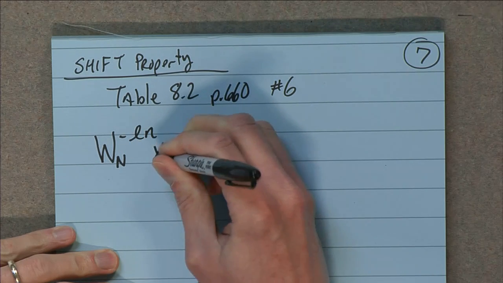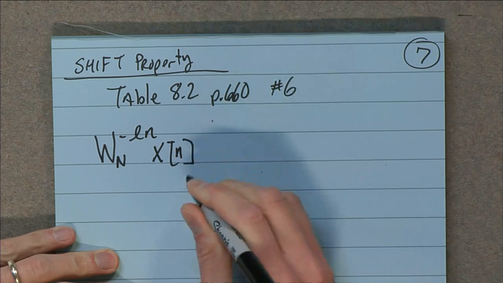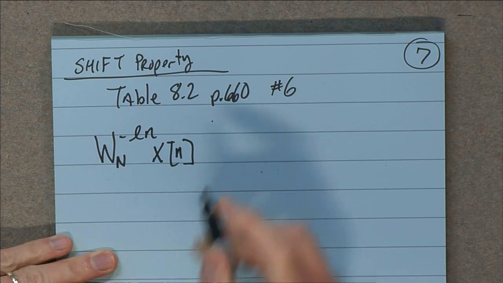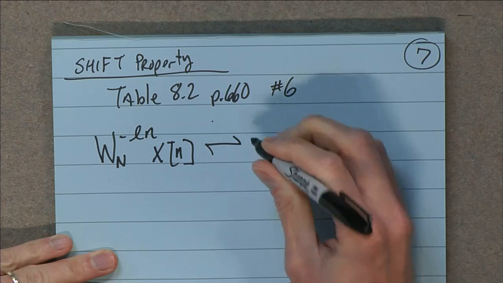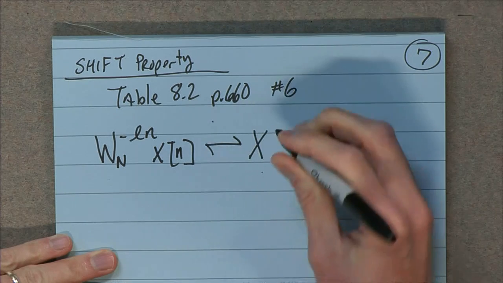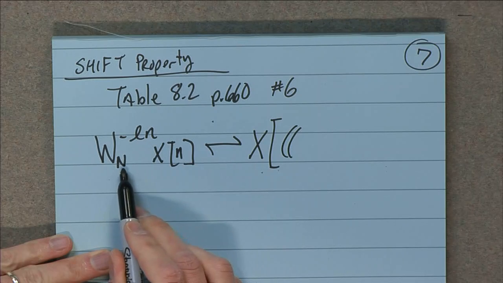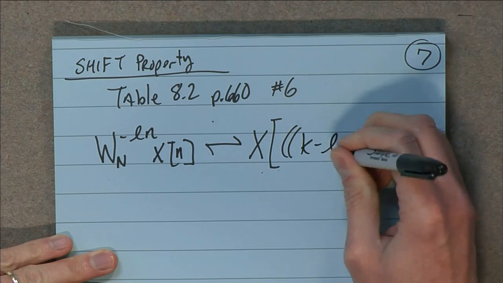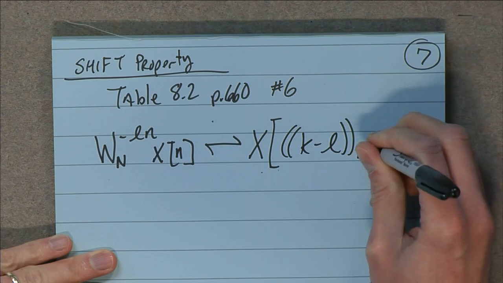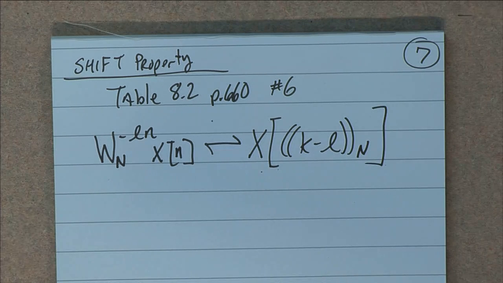We can basically multiply the input sequence by this complex modulator, and we end up circularly shifting the output DFT. To me, it's almost like, if you've taken any RF classes, the same as up converting or down converting a signal.